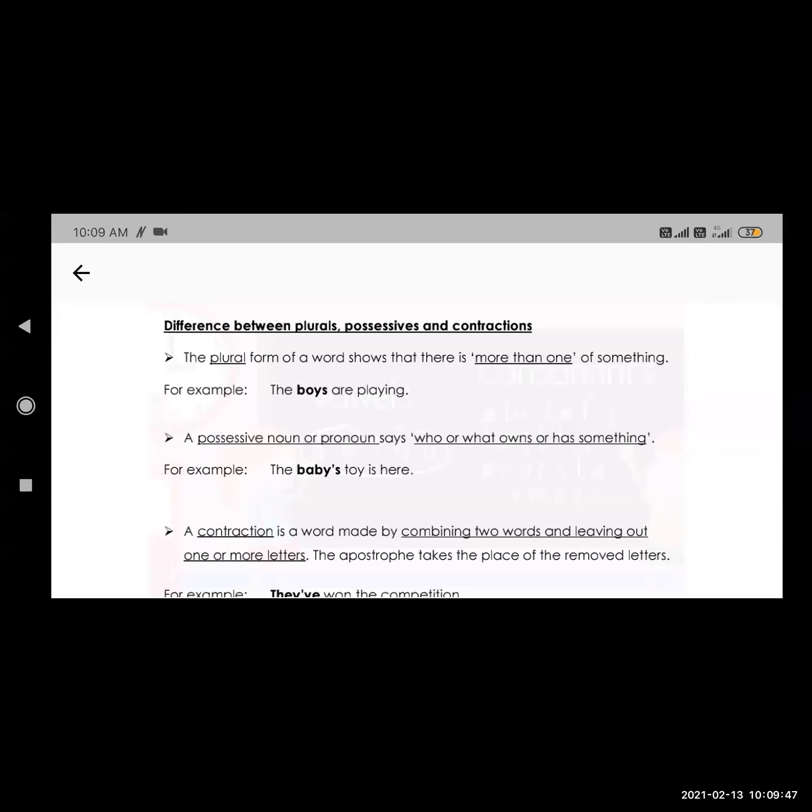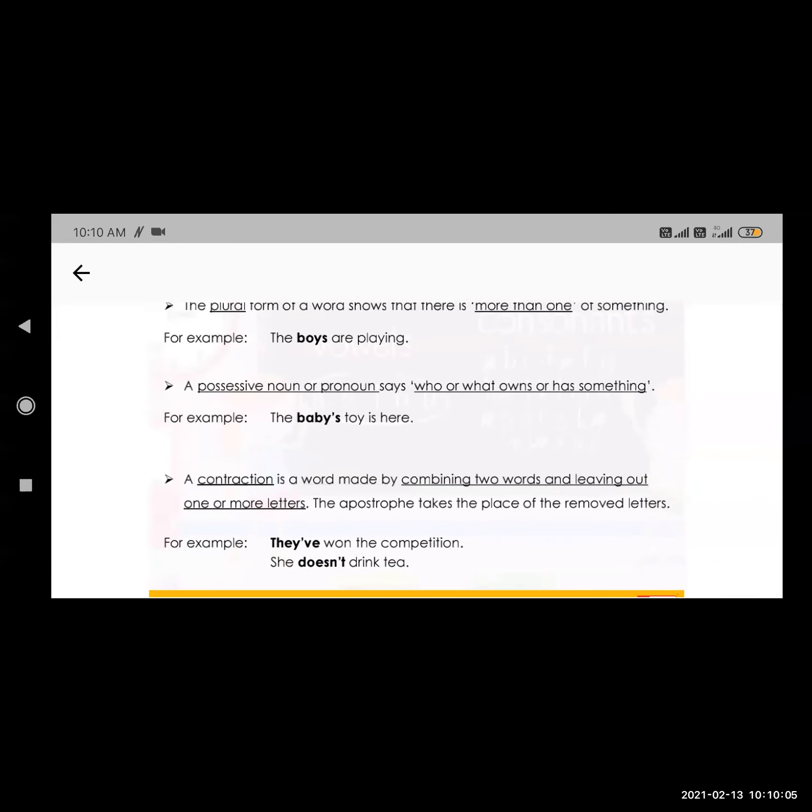For example, the boys are playing. More than one is known as plural.